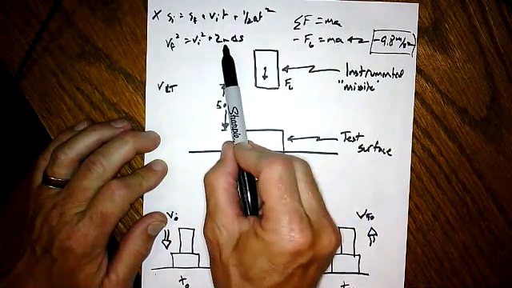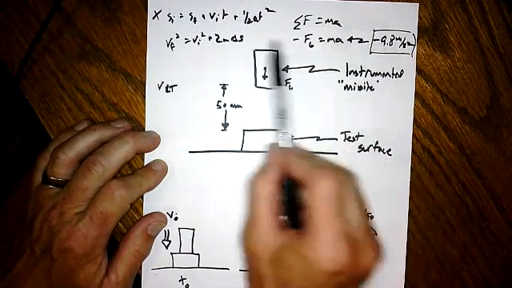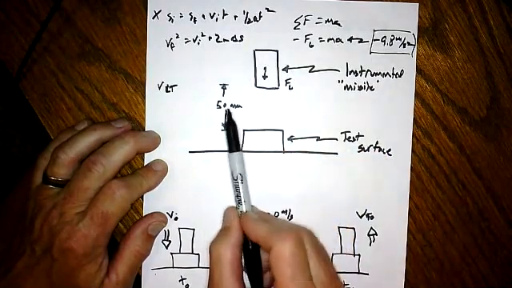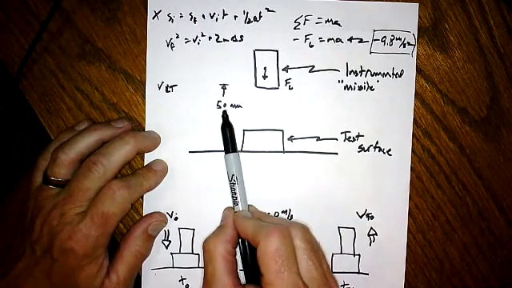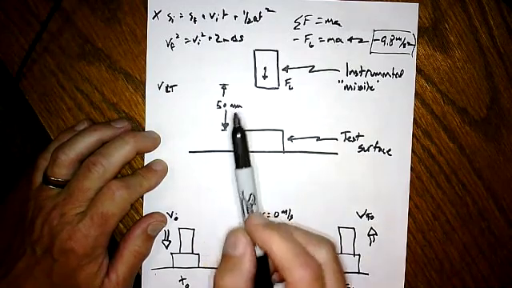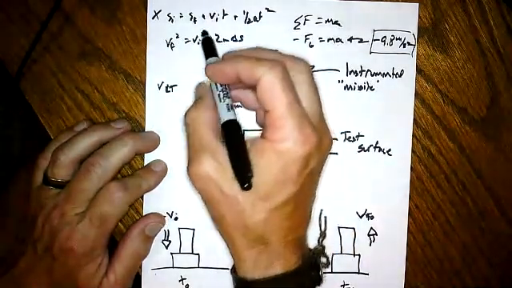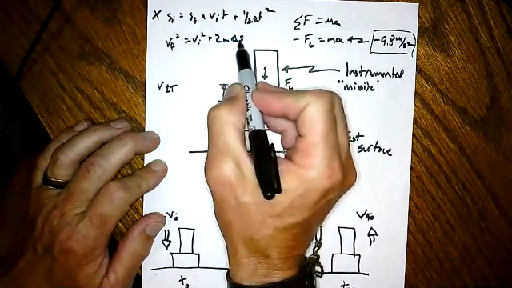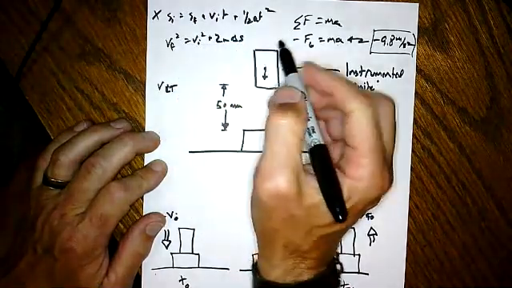V_i would be 0, as I said, if the machine's working properly. We know a, negative 9.8 meters per second squared, and delta S, 50 millimeters. Now we have to convert that to meters, so that's easy. But now I know V_i, I know a, and I know delta S. The only unknown is V_f.